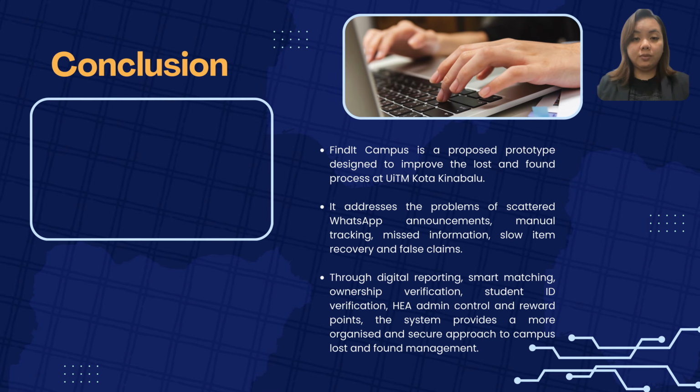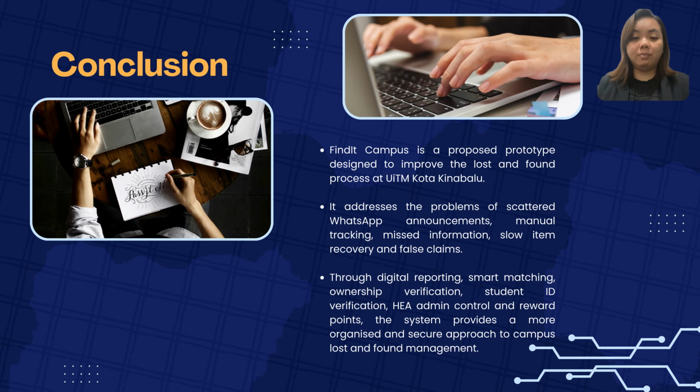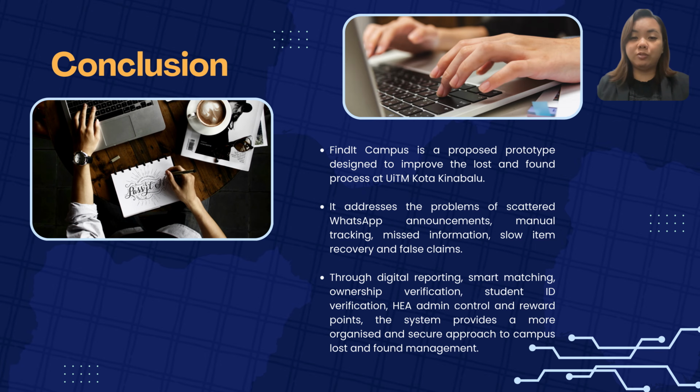In conclusion, Find It Campus is a proposed prototype designed to improve the lost and found process at UiTM Kota Kinabalu. It addressed the problem of scattered WhatsApp announcements, manual tracking, misinformation, slow item recovery, and false claims.